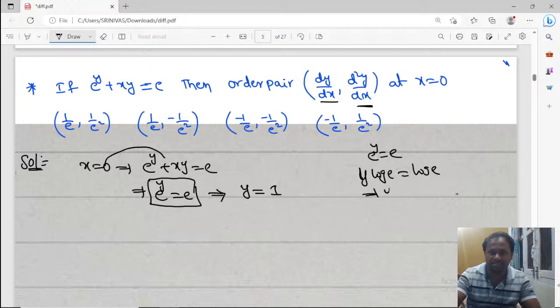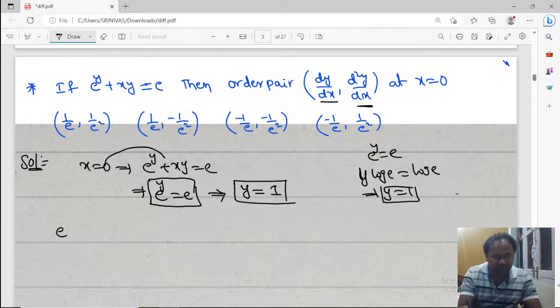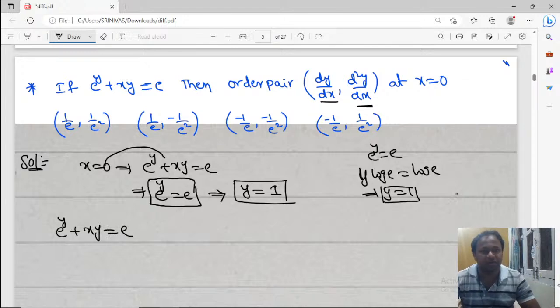So that implies y is equal to 1. We got one more condition. Now we can check. So I will take once again e power y plus xy is equal to e.